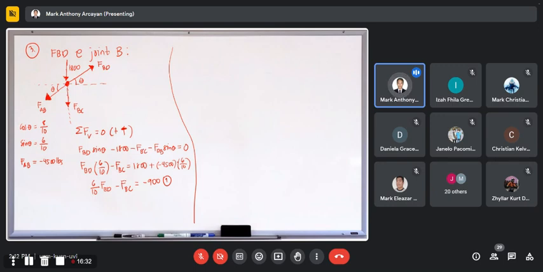So we perform summation of forces in the horizontal direction, which is equal to 0. Positive if the force is to the right side. The forces acting horizontally are the horizontal components of FBD, so FBD cosine theta, then minus the horizontal component of FAB, so FAB cosine theta, equal to 0.